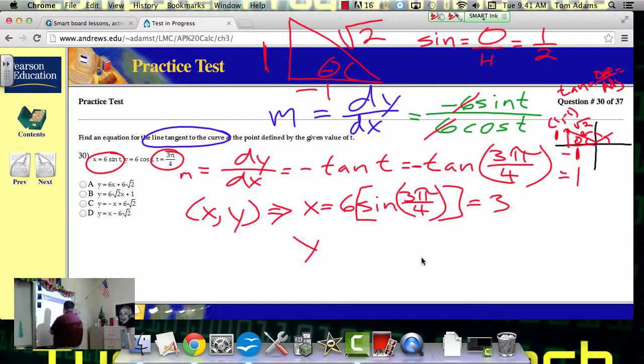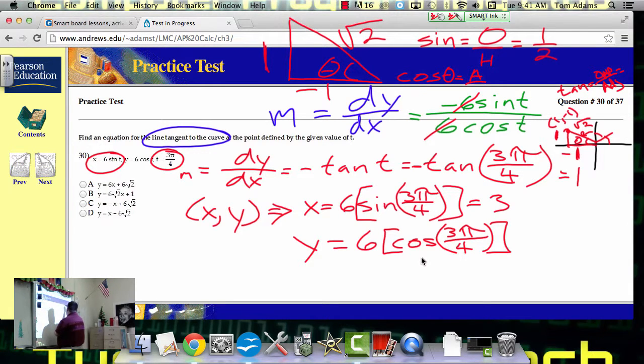Now my y term is 6 cosine of 3 pi over 4. Cosine of theta is the adjacent over the hypotenuse. Oh wait, it's not 2, it's root 2. I screwed that up. I caught myself. This isn't 1/2. So x is actually 6 times root 2 over 2, which is 3 root 2.